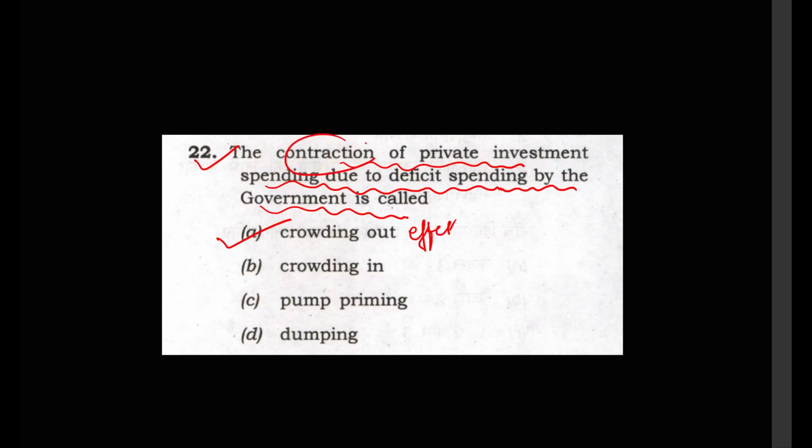So this is contraction of private investment because of deficit spending. On the other hand, if I change this question and I write, the increase in private investment due to capital expenditure by the government, that is called what? Crowding in effect.